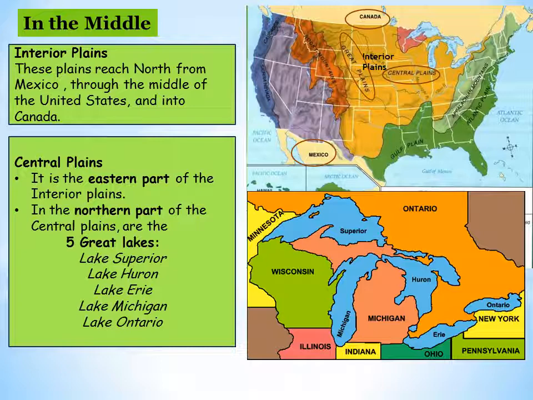How do you spell HOMES? H stands for Huron, O for Ontario, M for Michigan, E for Erie, and S for Superior. So you have the word HOMES for the Great Lakes.